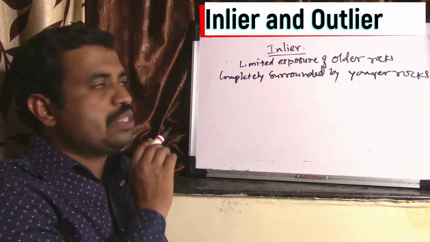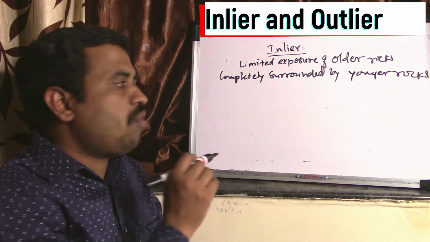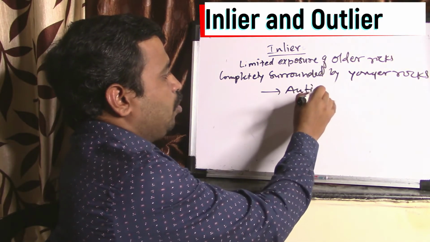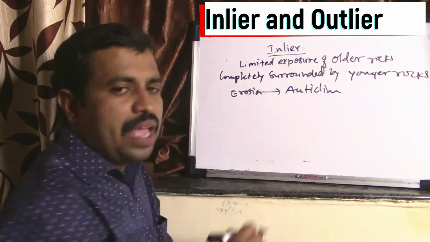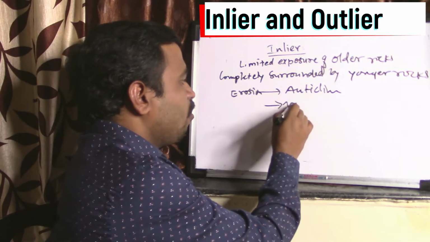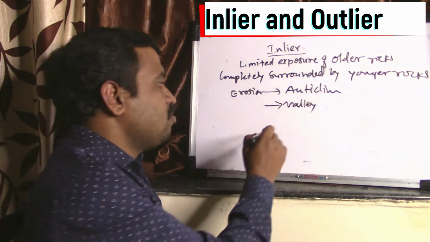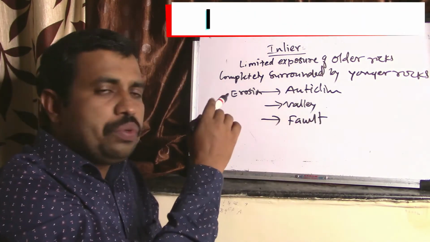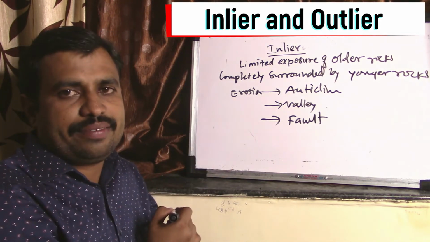Such a structure is called an inlier, and this is formed due to the erosion of anticline. So such a structure is formed due to the erosion of anticline, second, valley, and third, because of the fault. Due to these three things, there is a formation of inlier.